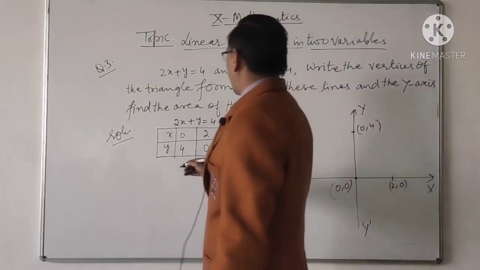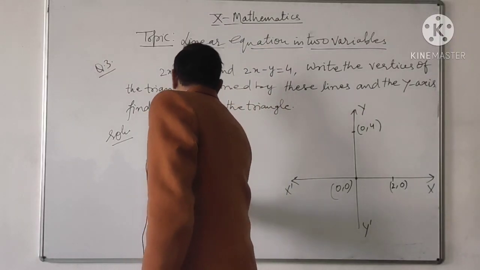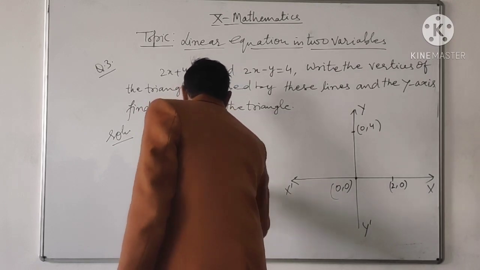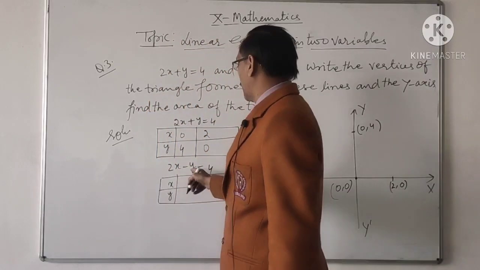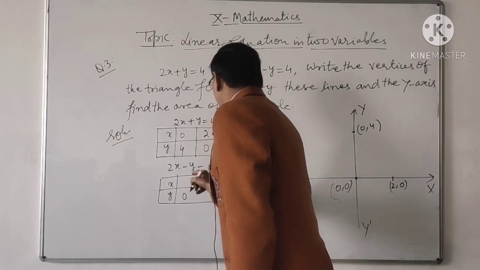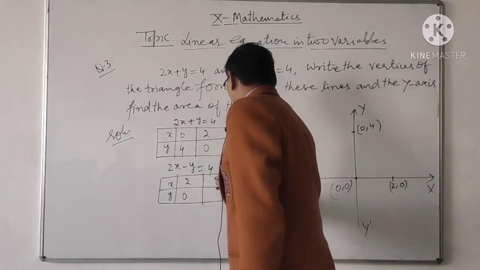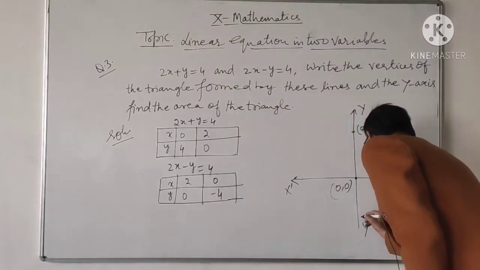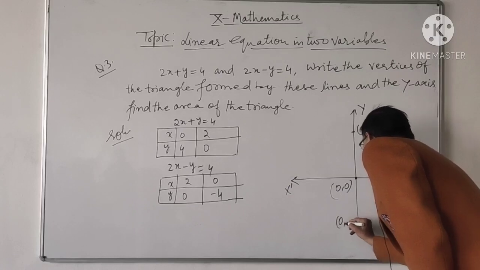Then the second line, 2x minus y equal to 4. Table for this: x, y. Now putting y equal to 0, then x is 2. When x is 0, y is minus 4. So there is minus 4. Point 0, minus 4.